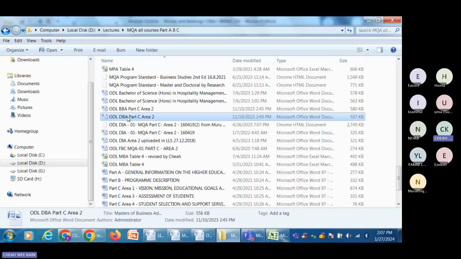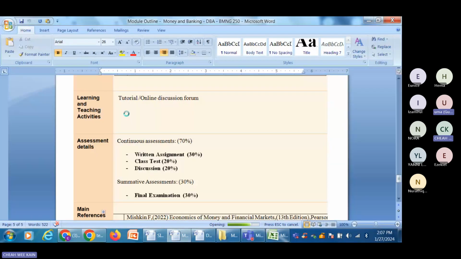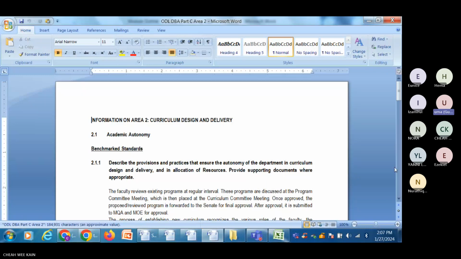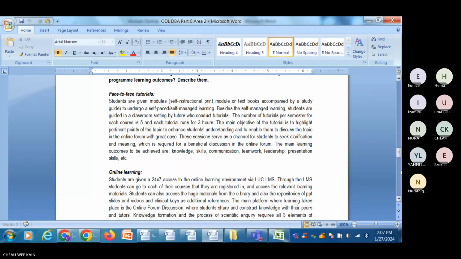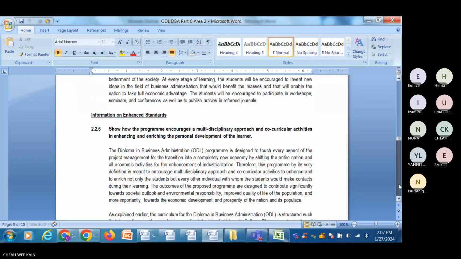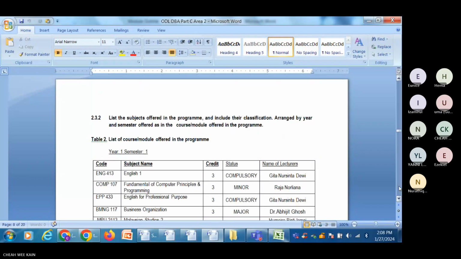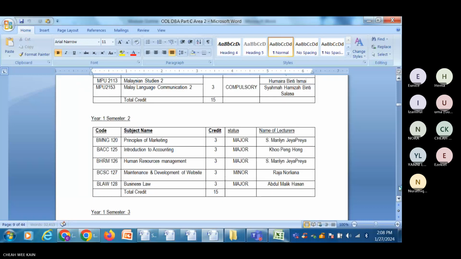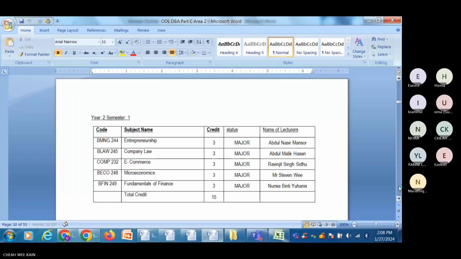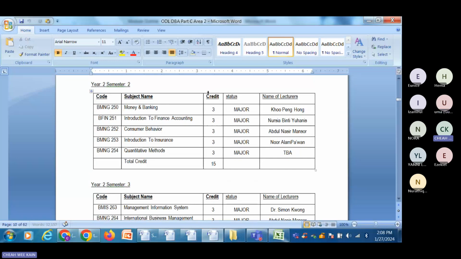Oh yeah, this one, I typed wrong. This word here, money and banking.